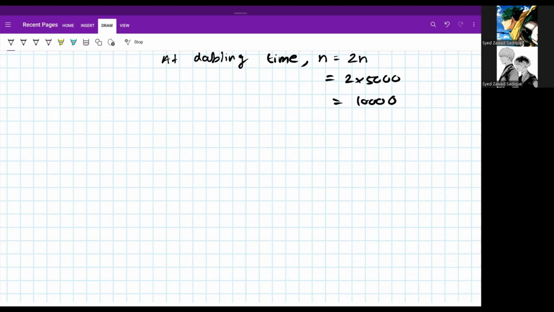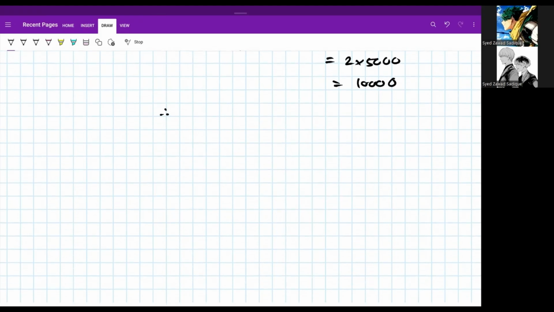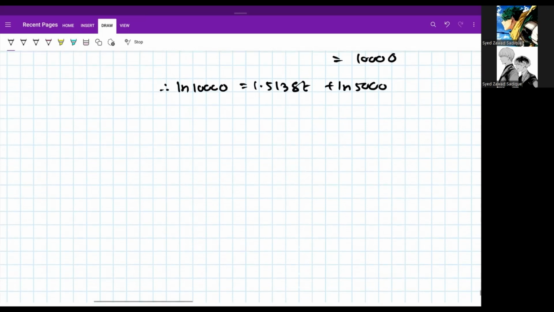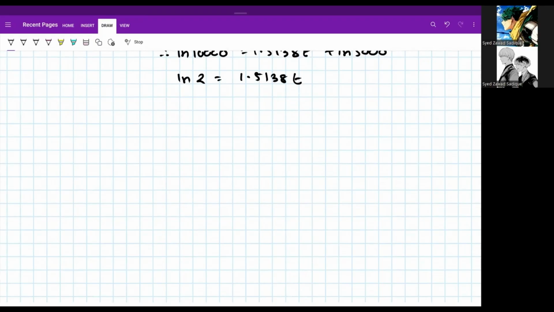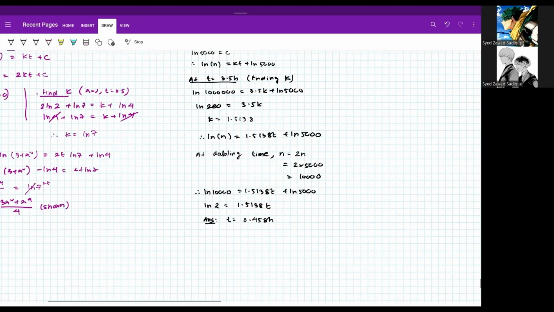Right. So therefore, ln 10,000 is equal to 1.5138t plus ln 5000. We can say ln 2 is equal to 1.5138t, and the answer is t is equal to 0.458 hours. Okay, so that's all.